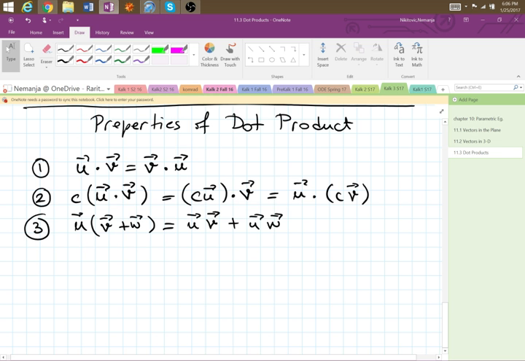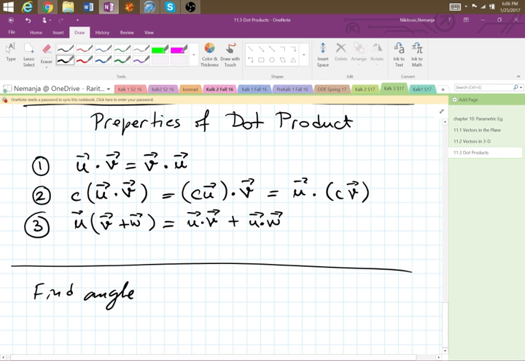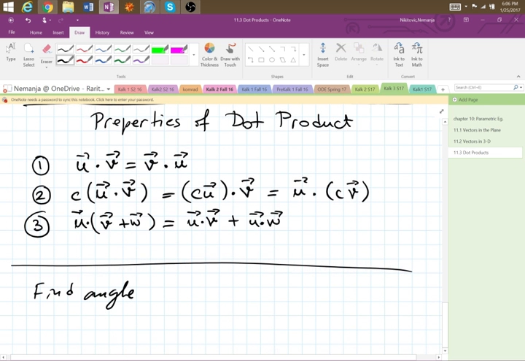All right, so over here, there are dots, the dot product. Find the angle between u and v.